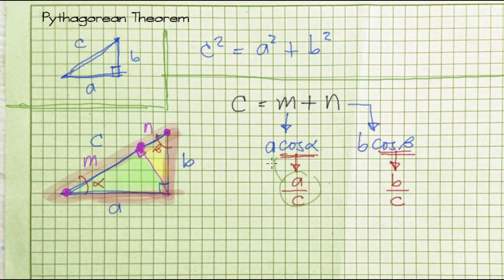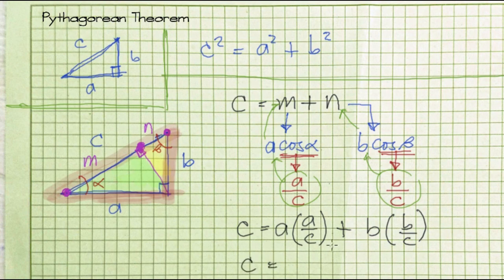So we substitute yung mga bagay na yan, balik doon sa original na M. Then ang kabila naman, balik doon sa original na N. And what we get is, C is equal to A times quantity A over C, which is cosine alpha, plus B times quantity B over C, which is cosine beta.